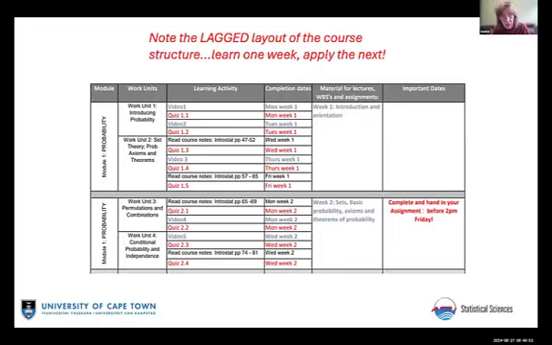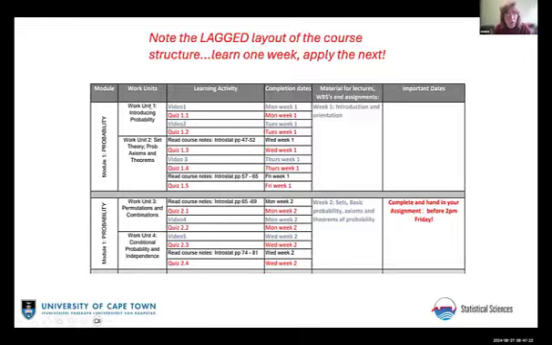So the first set of lectures are all about: this is the course, this is how it works, this is what you need to do, this is how you get help, this is who you interact with. And it's made clear to the students that they need to adapt the timetable of what they do when to suit their own schedule.